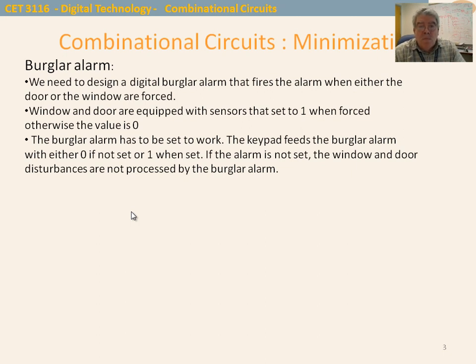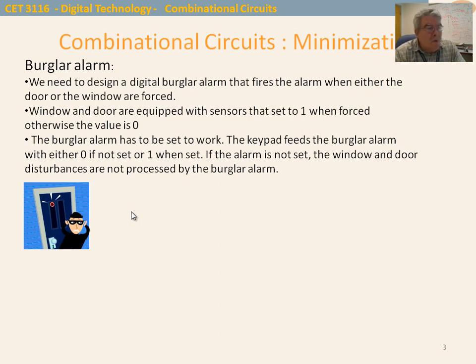Same thing: if the alarm is set, then we have a 1, a signal that tells that the alarm is set. If the alarm is not set, the window and door disturbances are not processed by the burglar alarm. In other words, if you don't set the alarm, anyone can break in and you won't even notice.